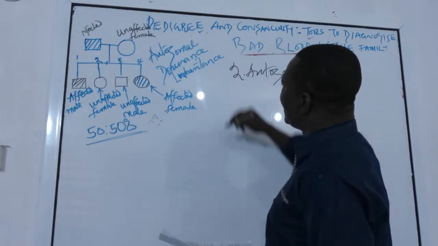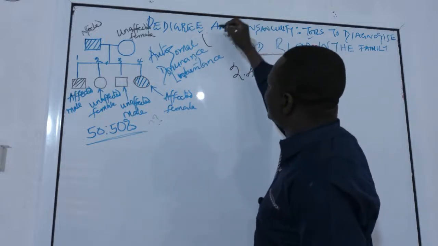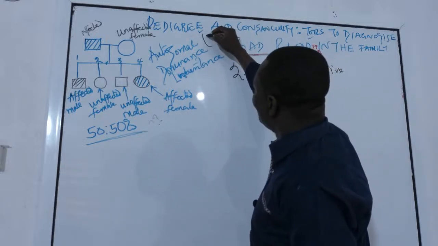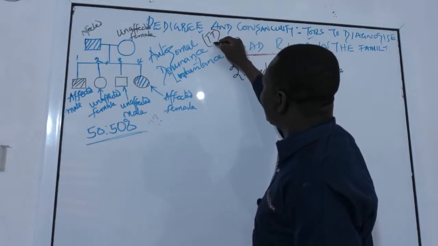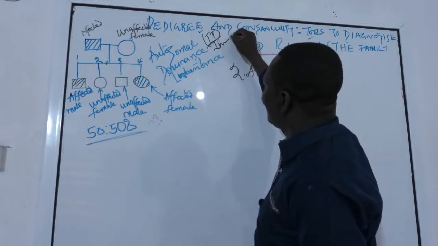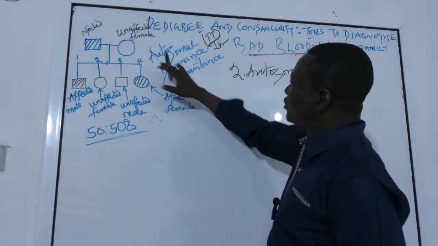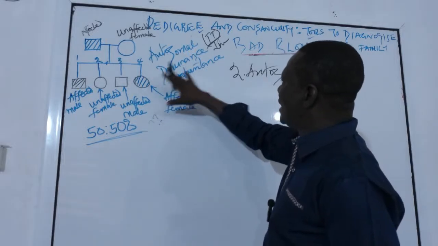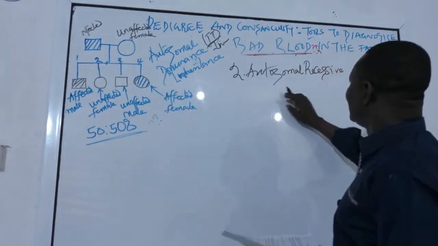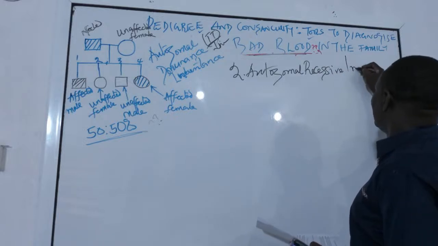In this case, the trait is double, which means it is homozygous. That is why the other is called autosomal dominant inheritance, but in this case it is autosomal recessive inheritance.